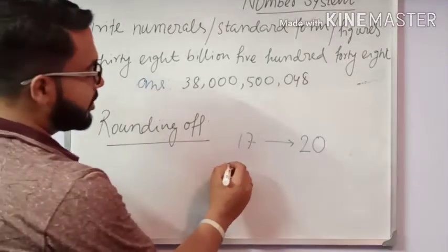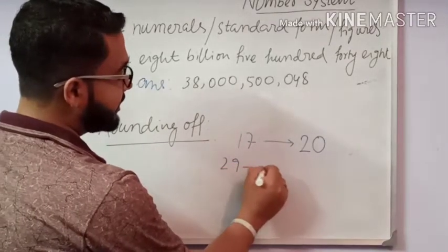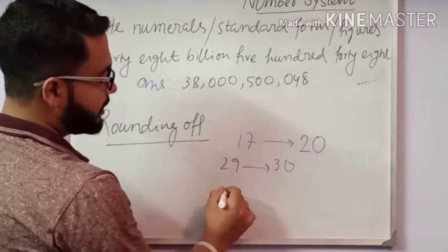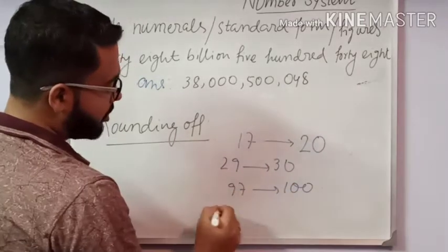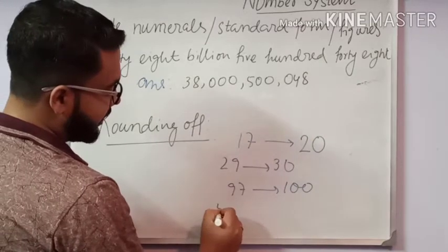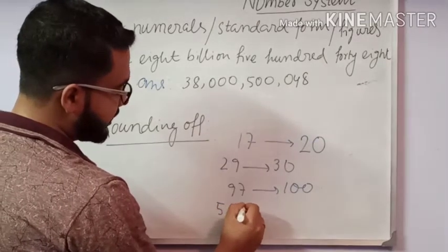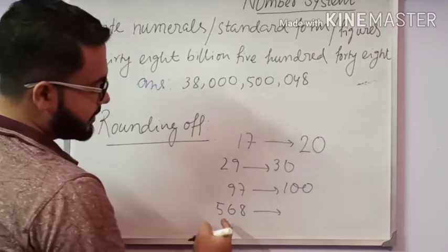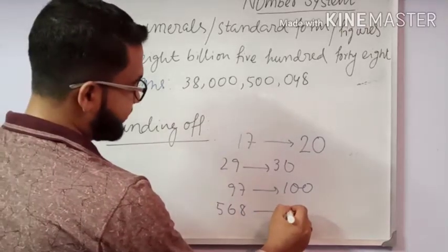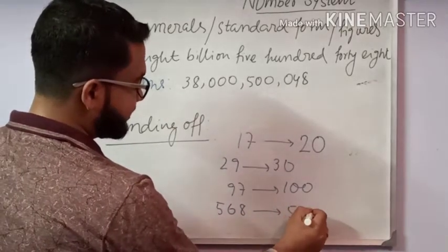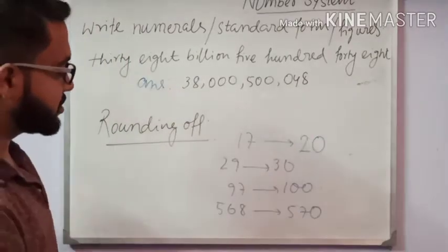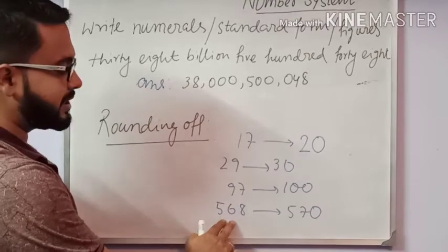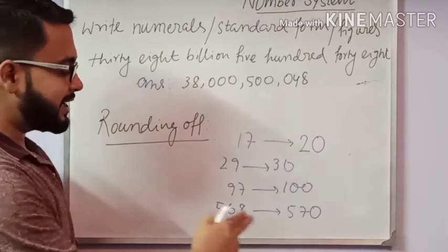In the same way, we may write 29 as 30, 97 as 100, or 568. So near as 570. Remember, there are some questions that ask rounding off this number to the nearest 10.